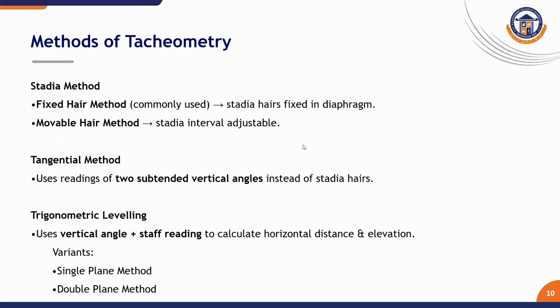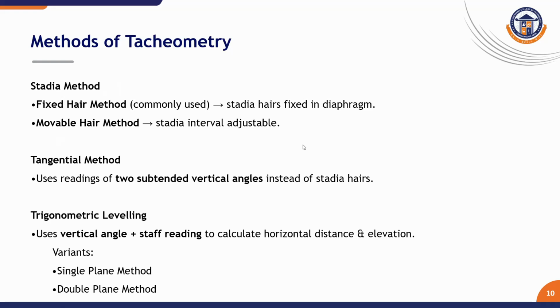Some applications of tachometry: the principles of tachometry are used extensively in civil engineering. It is indispensable for topographic surveys to create contour maps of hilly areas. There are two main methods of tachometry. The first and most common is the stadia method, which itself has two variants: the fixed hair method, where the stadia hairs are fixed, and the movable hair method.